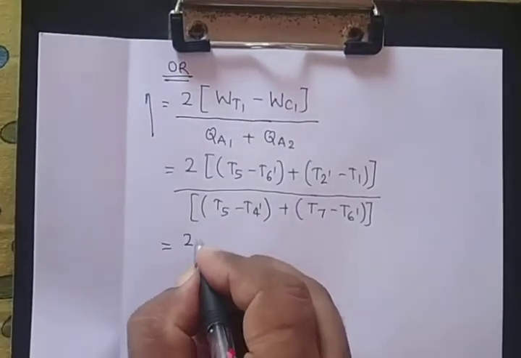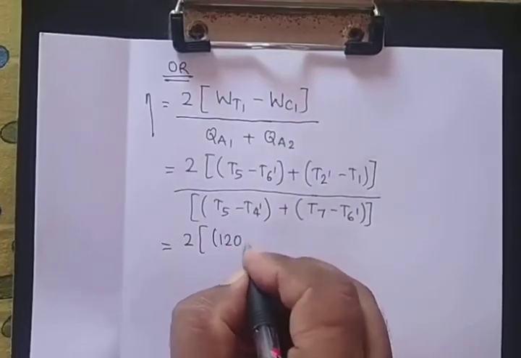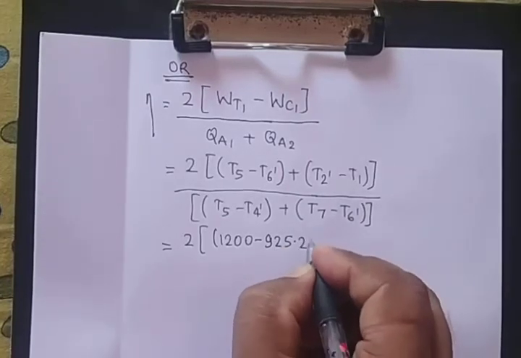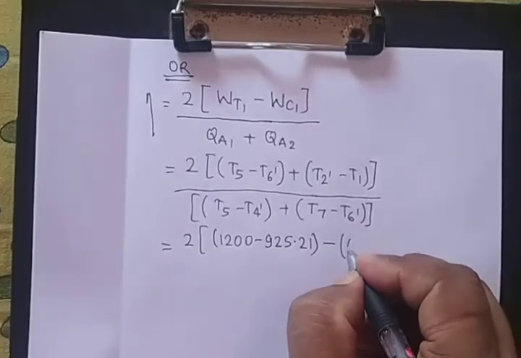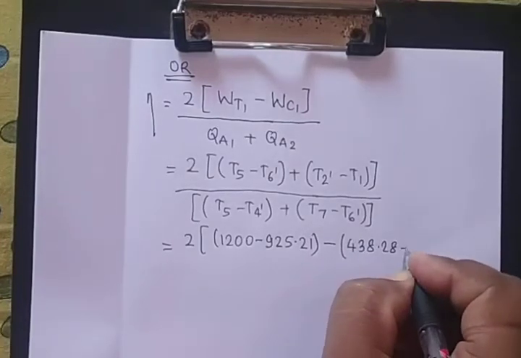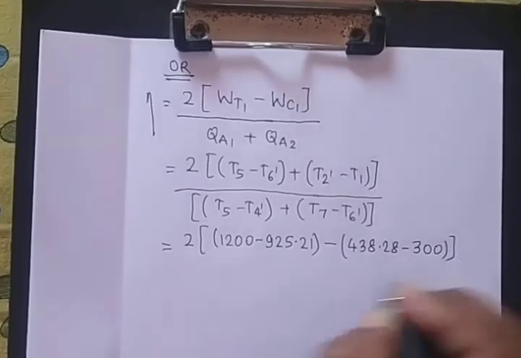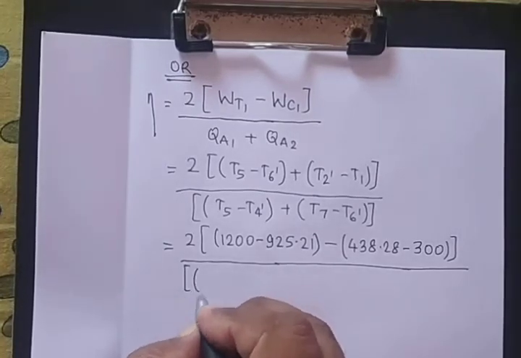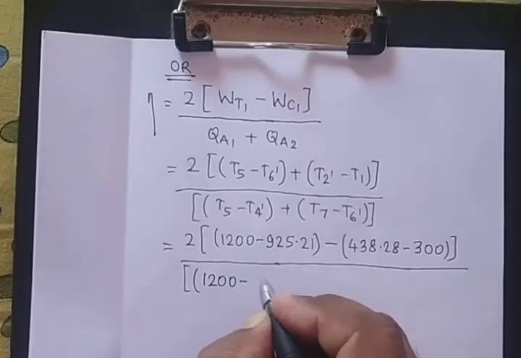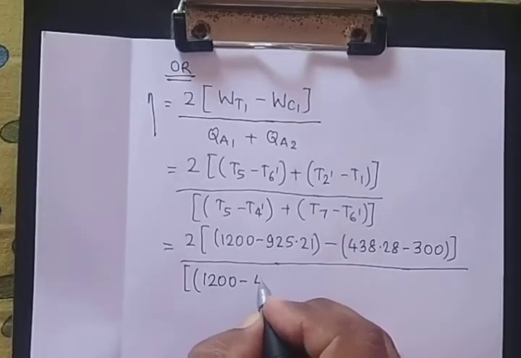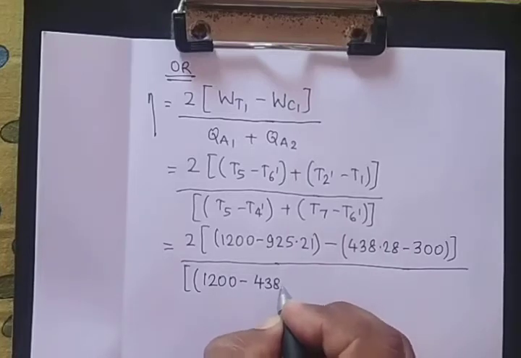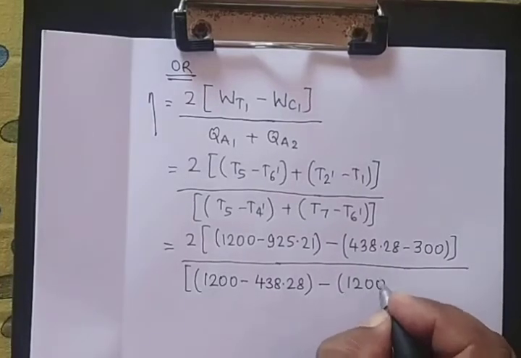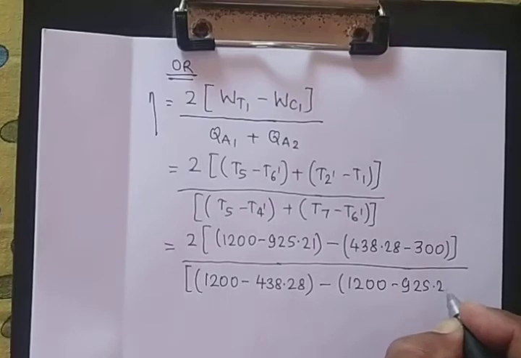That is 2 into bracket 1200 minus 925.21 minus of T2 dash is 438.28 minus 300, divided by T5 is 1200 minus T4 dash is 438.28 minus 1200 minus 925.21.